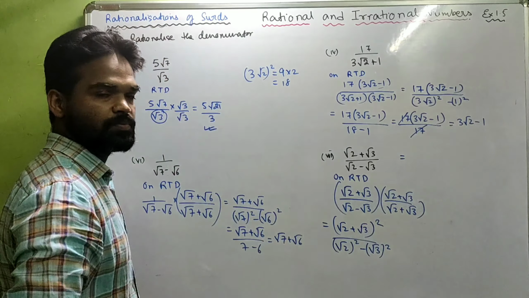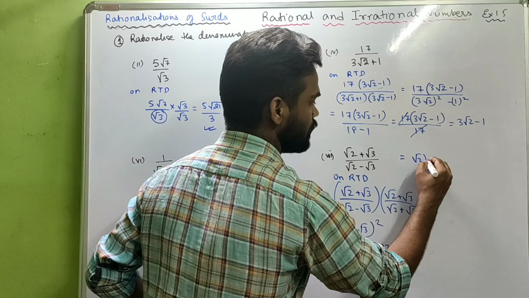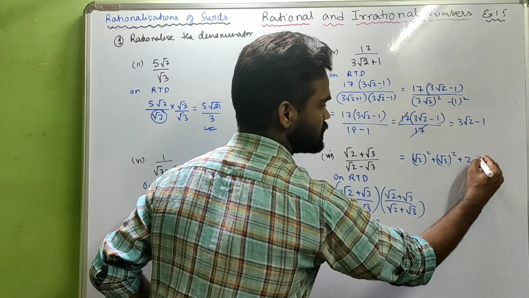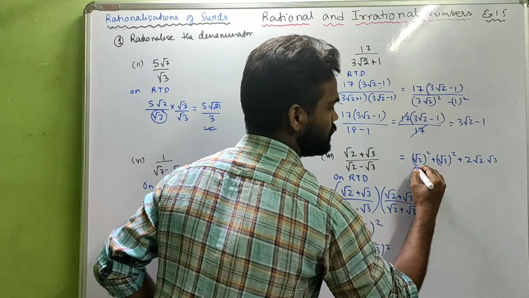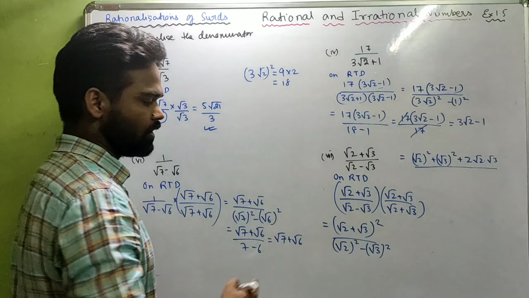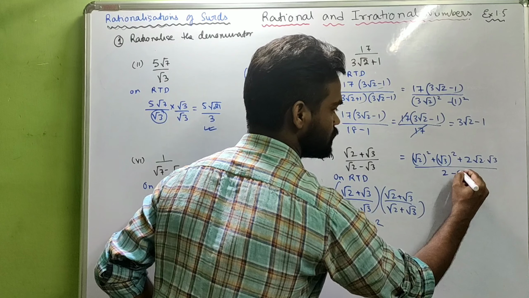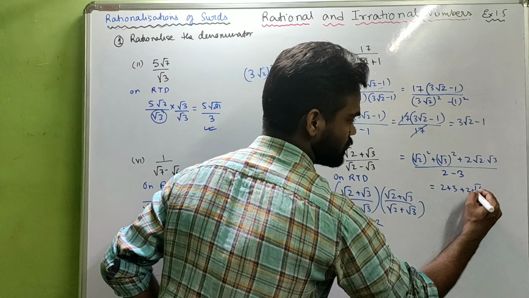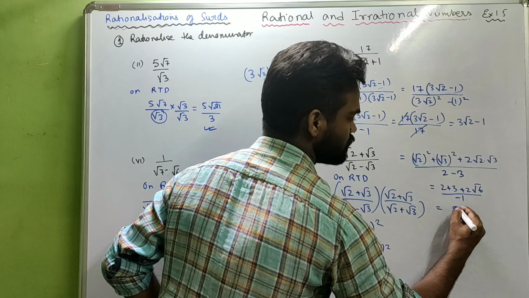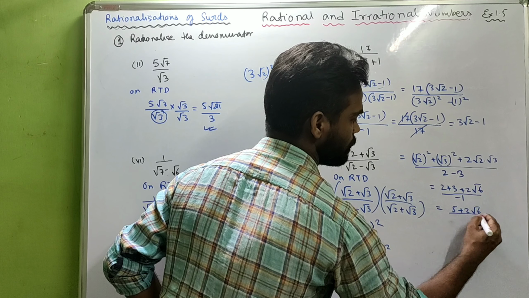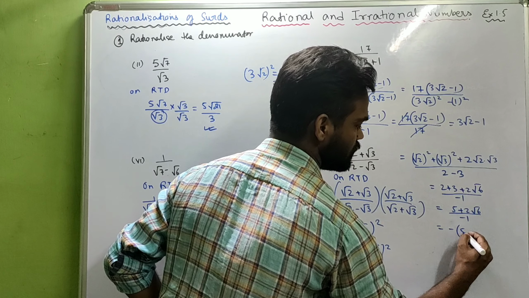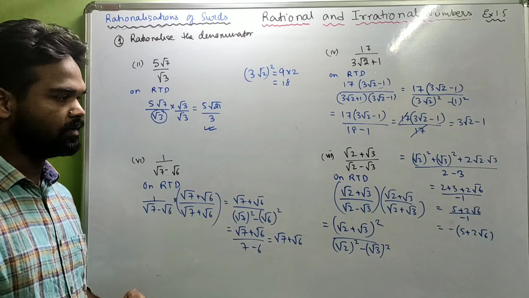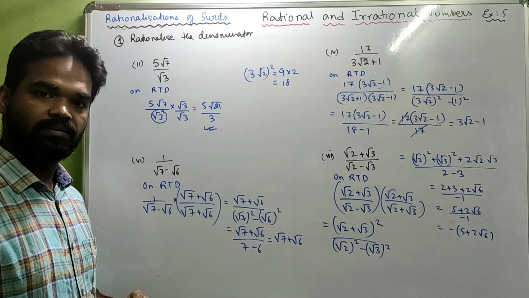Now, (a plus b) whole square is a square plus b square plus twice ab, and in the denominator you have root 2 square is 2 minus 3, so that becomes 2 plus 3 plus 2 root 6 over 2 minus 3, which is 5 plus 2 root 6 over minus 1, which can be written as minus 5 plus 2 root 6. Am I clear? Now let us look at the next sum.